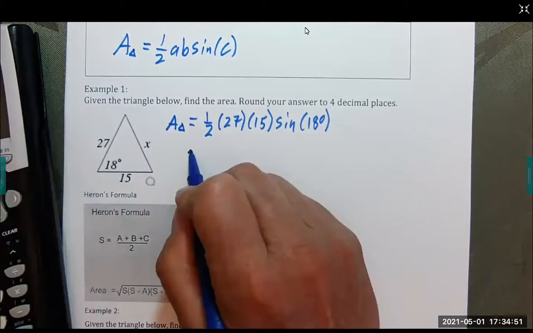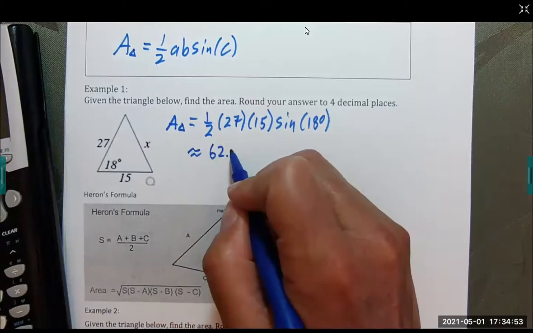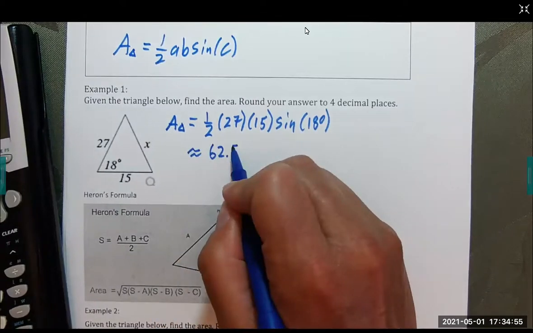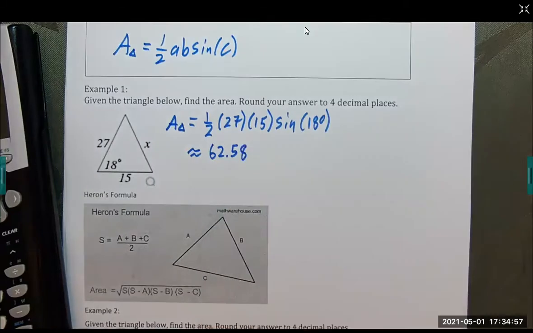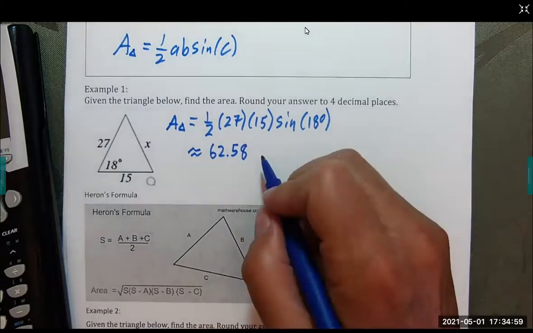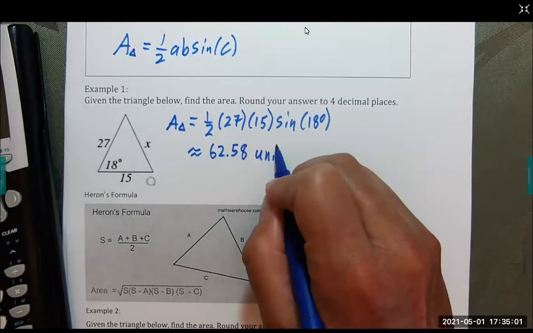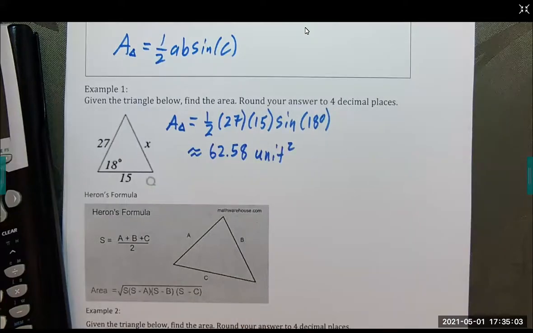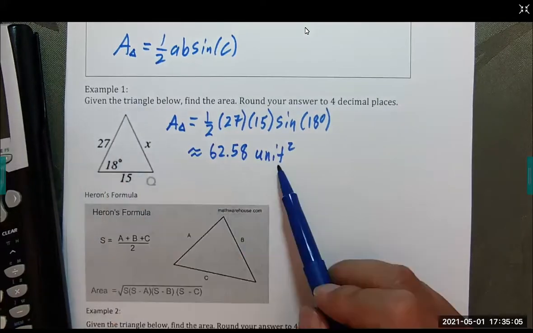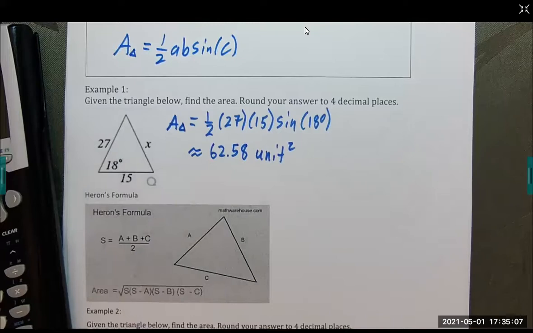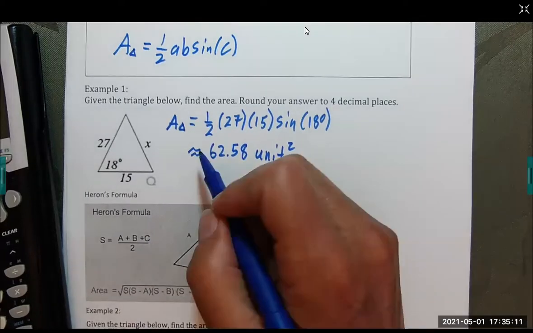So 62.58, we'll say. And that would be whatever the unit is. Unit squared. So if this was 27 centimeters, then it would be centimeters squared. If it was meters, then it would be meters squared, miles squared, and so on. But that is our answer.